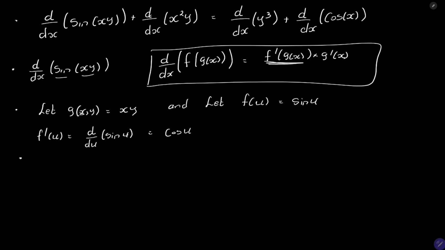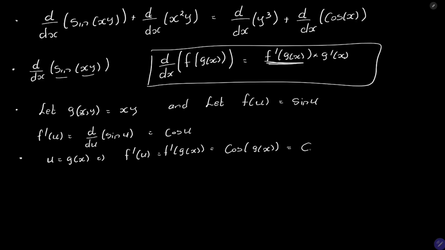So moving on to our next term, that is substituting, letting u equal to g of x then implies that f prime of u, which is equal to f prime of g of x, is the function cos of g of x, which is cos of xy.